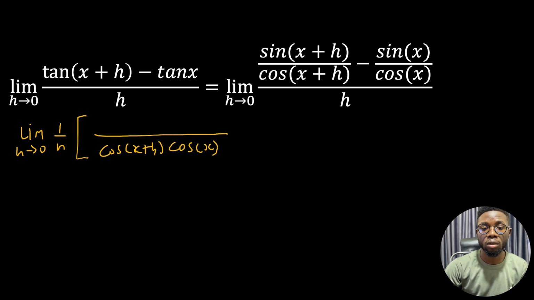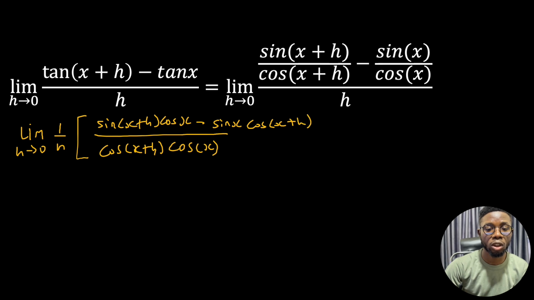So if we do the basic fraction simplification, we're going to have sine of x plus h multiplying cos x, minus cos of x plus h multiplying sine x. That would then give us sine of x plus h multiplied by cos x, minus sine x multiplied by cos of x plus h.